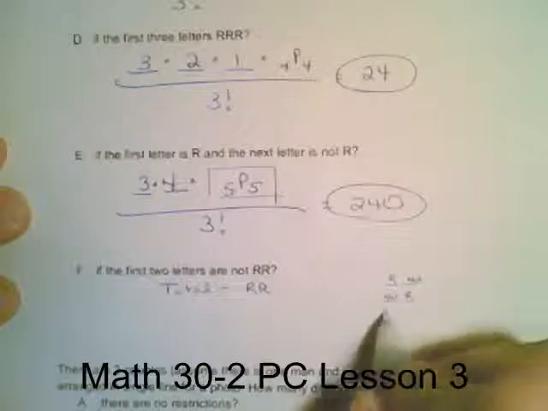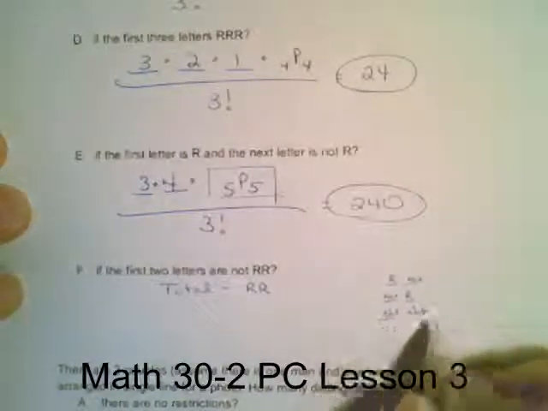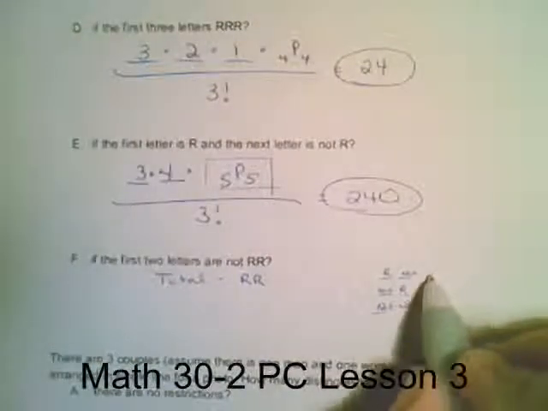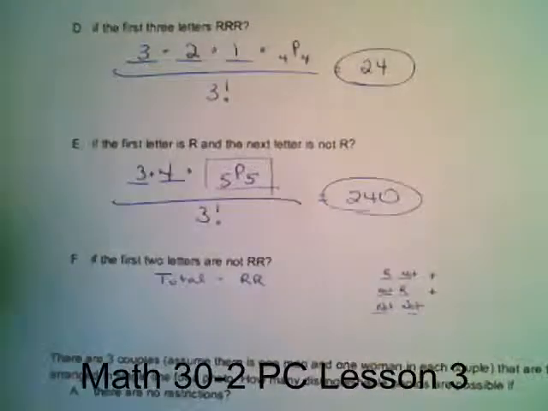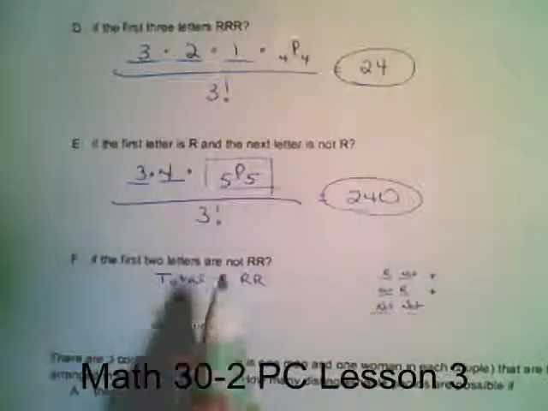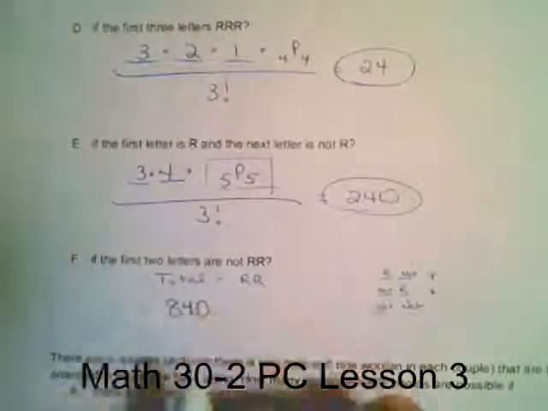If the first 2 letters are not RR, that's my next one. In this particular case, I'm thinking, how do I arrange this? The total minus the ones that are RR. The reason I'm not attacking it directly is because if the first 2 letters are not RR, I get into a kind of convoluted situation.